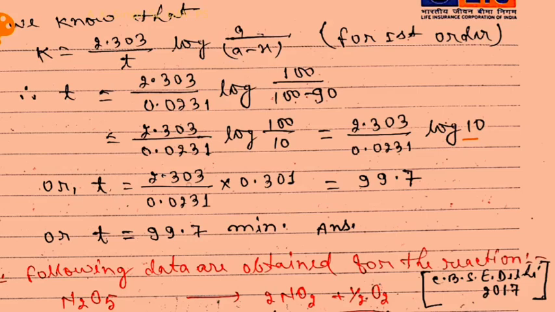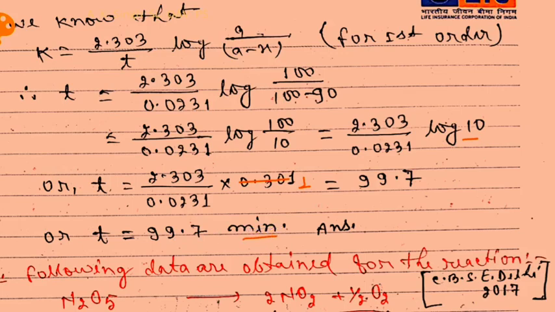So t will be equal to 2.303 by 0.0231 into 1, which is 99.7. So t is equal to 99.7 minutes.